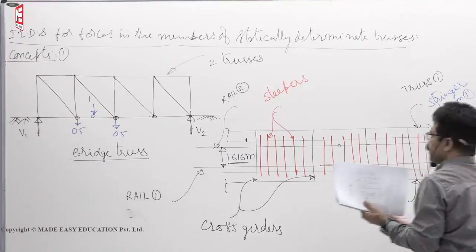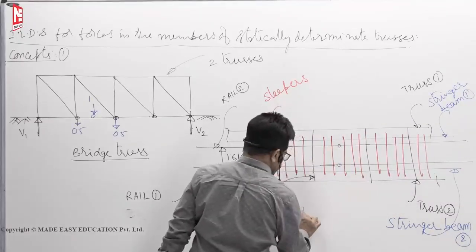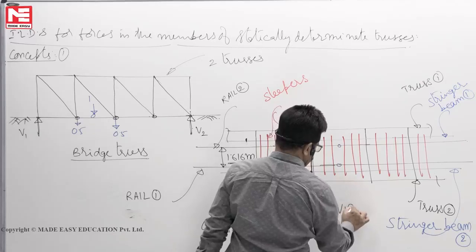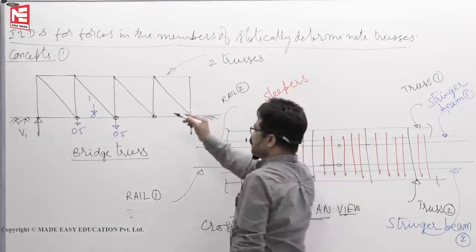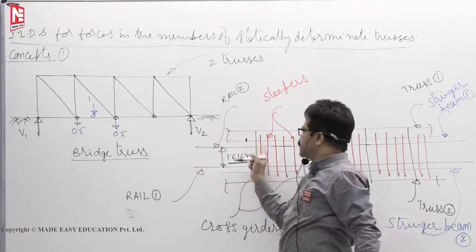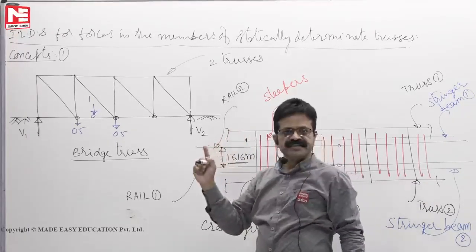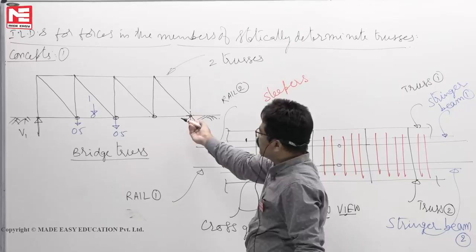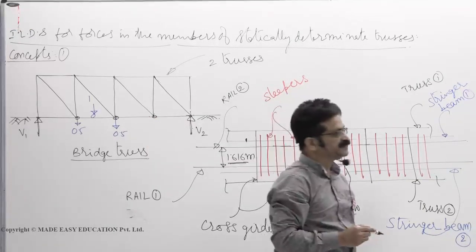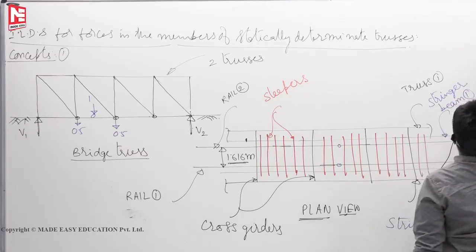This is the top view, the plan view. If you see the truss bridge from top, the two trusses look like two lines only. Cross girders and sleepers you can also see. From this view you cannot see the sleepers, just above that we have to show one horizontal line. So this is your conclusion.